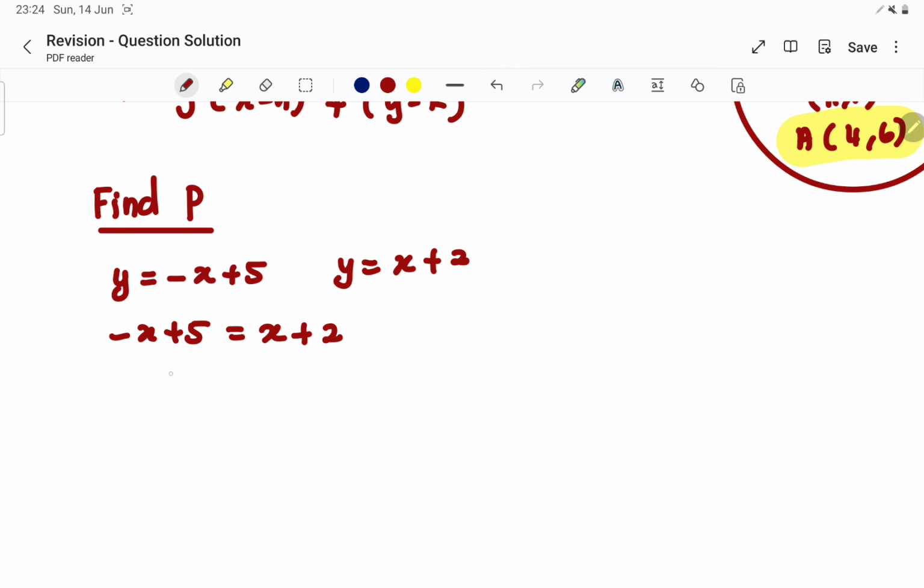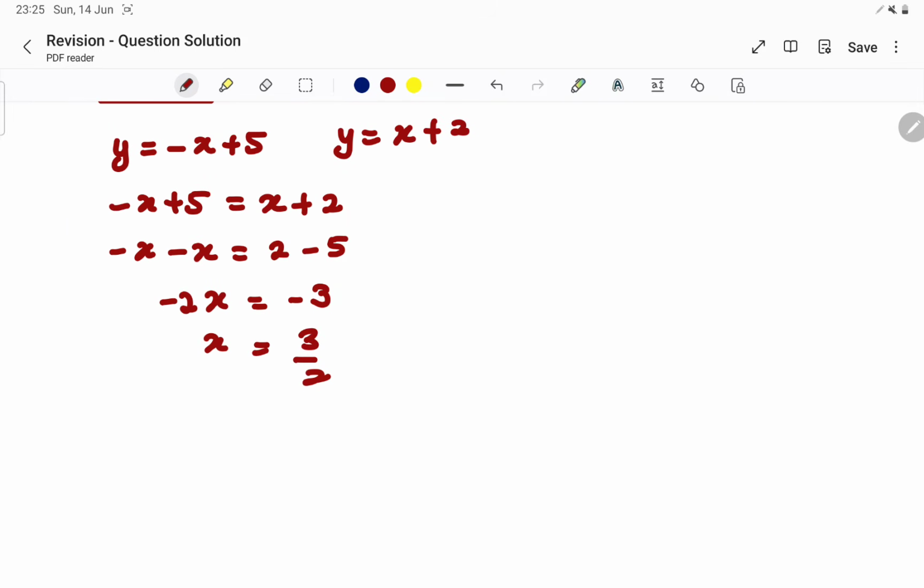Then you move x to the left side and 5 to the right side, and you get negative 2x equal to negative 3, so x is equal to 3 over 2. From here you can get the value of y. Just use any equation of y, both are allowed.